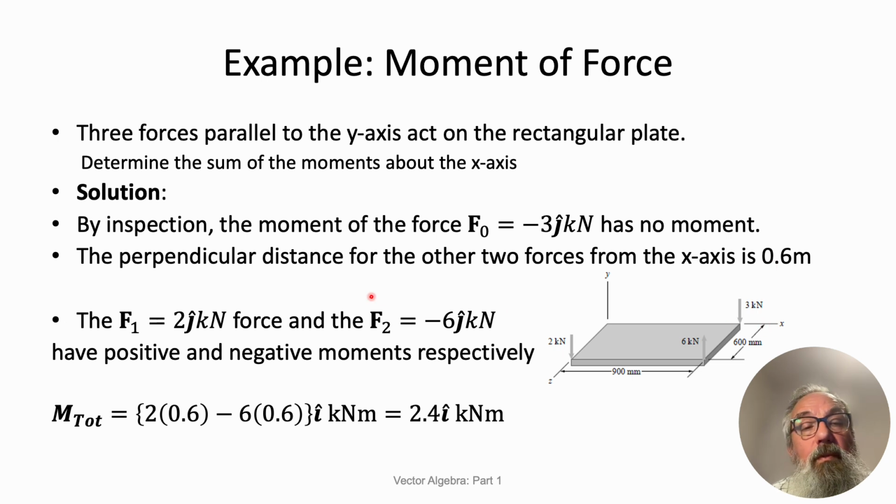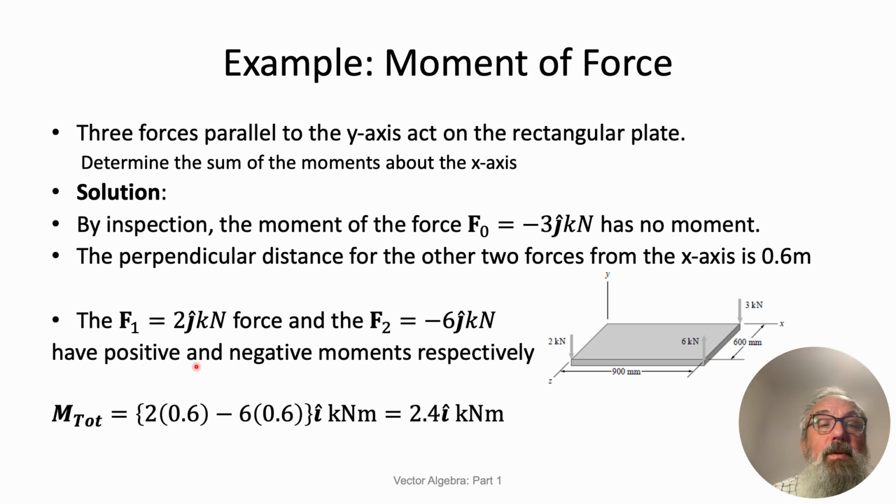So we can calculate our moment straight away from our normal rule. If we call this 2 kilonewton one F1 acting down, causing, say, a positive moment, and F2, the 6 kilonewton going up, we'll call that a negative.